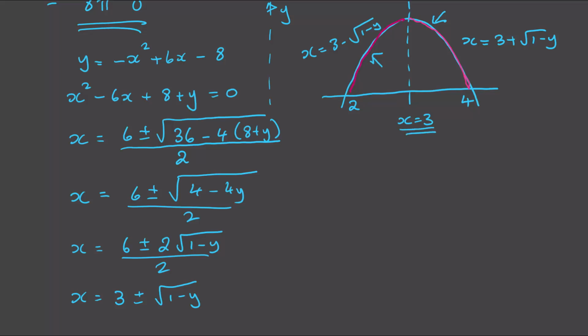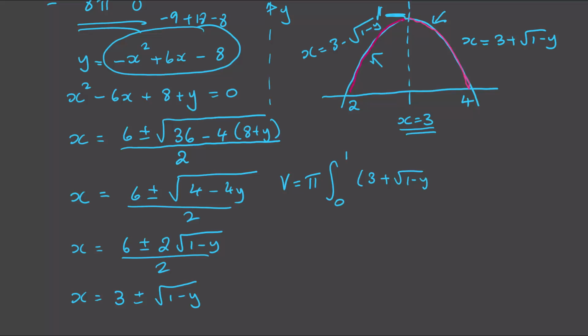Now when x is equal to 3, if we substitute in, we get negative 9 plus 18 take away 8. So that means the height here is 1. So what we're going to do is pi times the integral from 0 to 1 of 3 plus root 1 minus y, all squared dy.